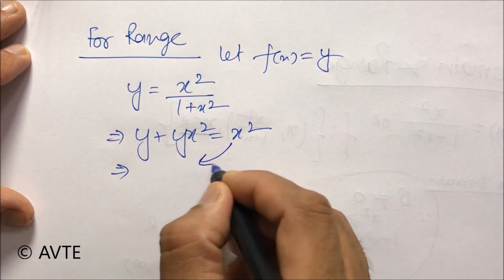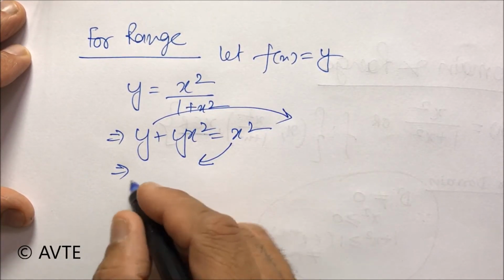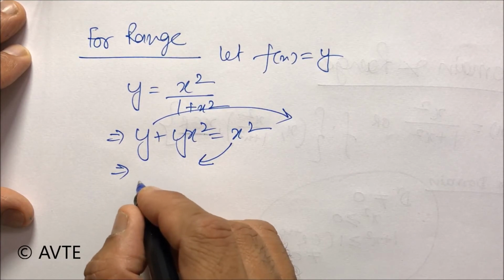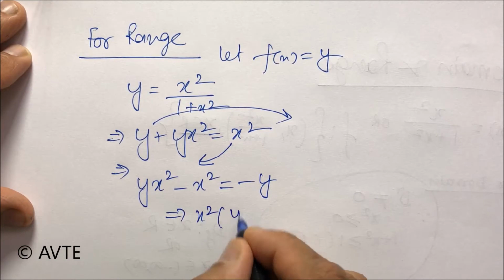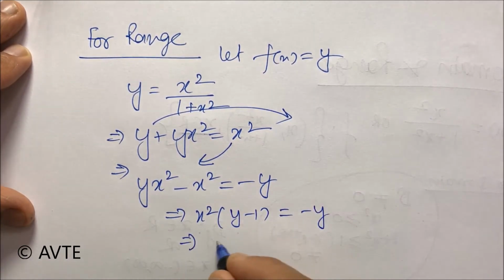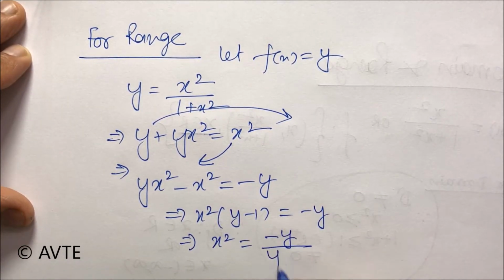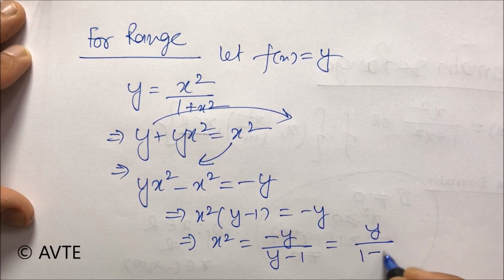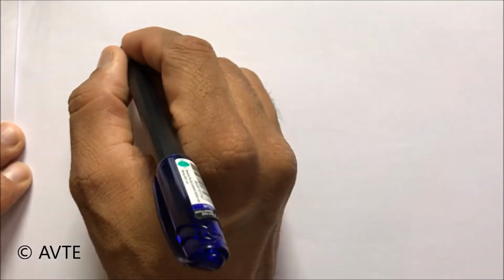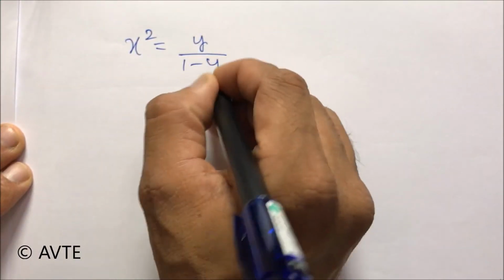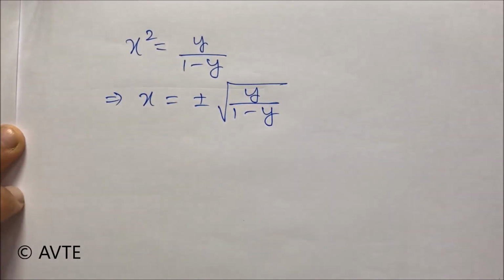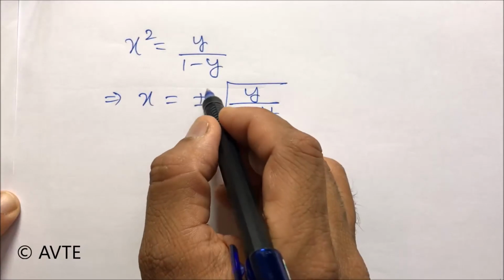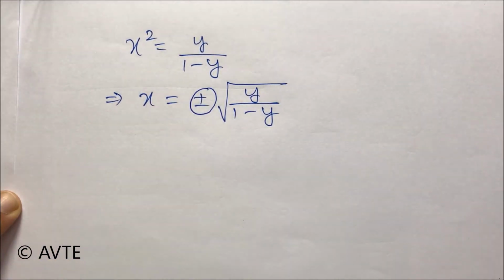So we shift x on left hand side and y on the right hand side. With that, now because x is real, therefore it will be positive as well as negative.